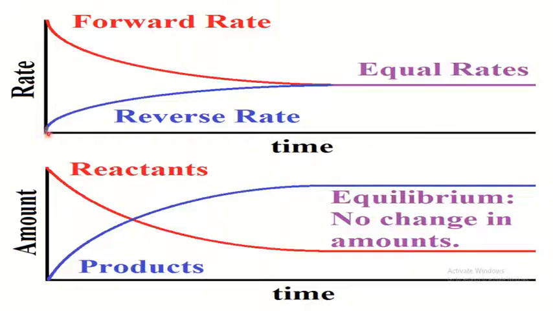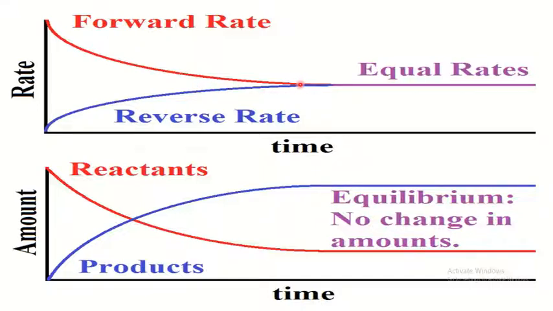At the initial stage of the reaction, the time is very small and the rate of forward reaction is very high, and with time the rate of forward reaction decreases. And look, this is the backward reaction. At the initial stage, the backward reaction rate is 0, but with time the rate of backward reaction increases.